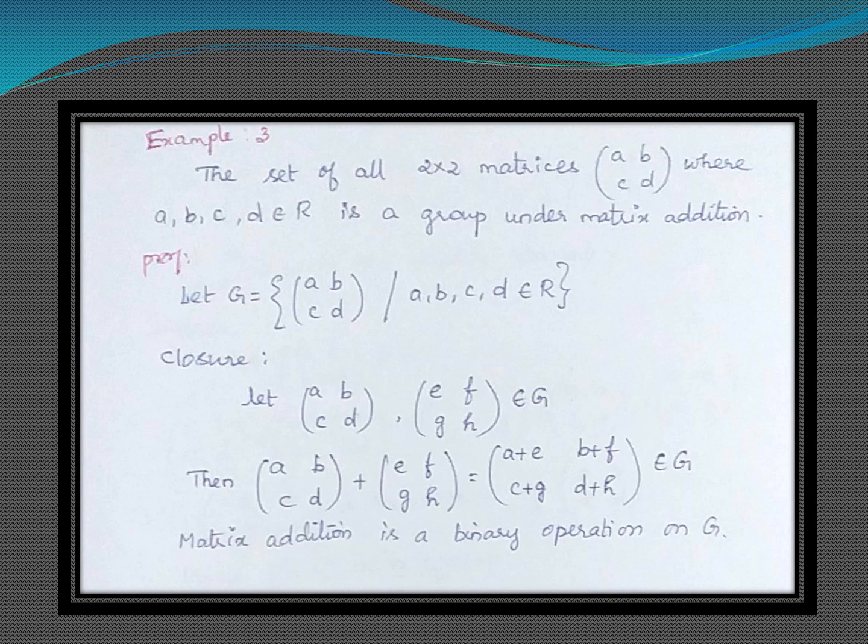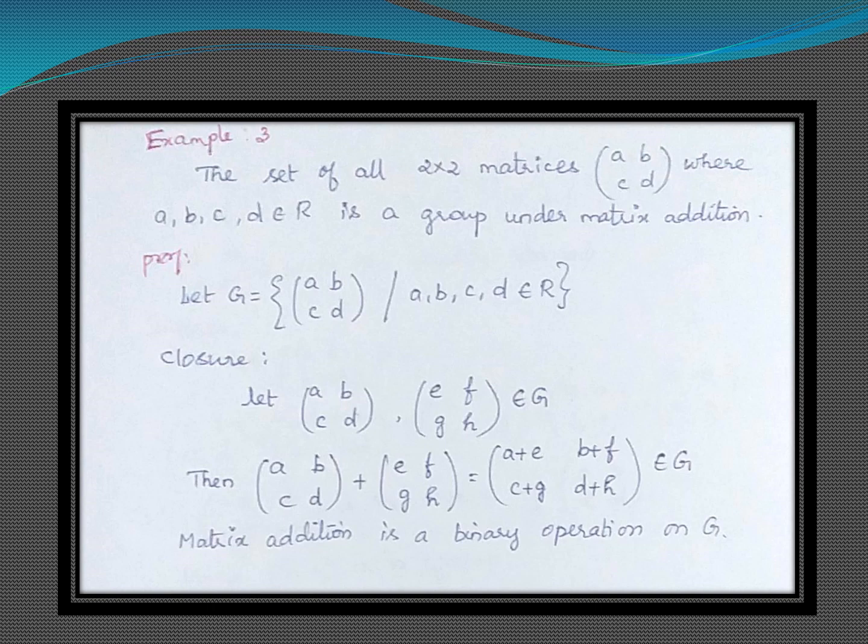Here, our set is the set of all matrices. We are going to take 2 by 2 matrices whose elements are from R. Here the binary operation is the matrix addition. Now we are going to prove this G is a group under matrix addition.